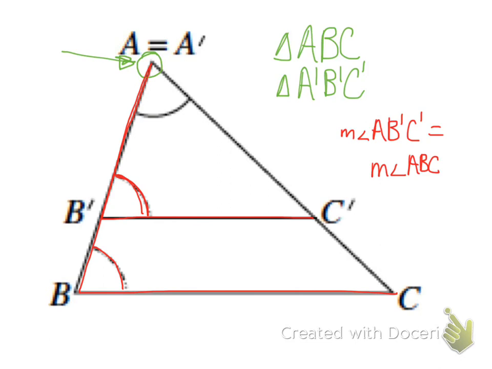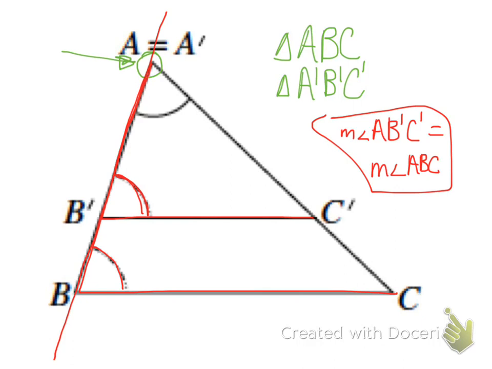Okay, so we're told that these triangles share a point, and that these angles are equal. But we could think of this line here, AB', that holds A and B', as a transversal.